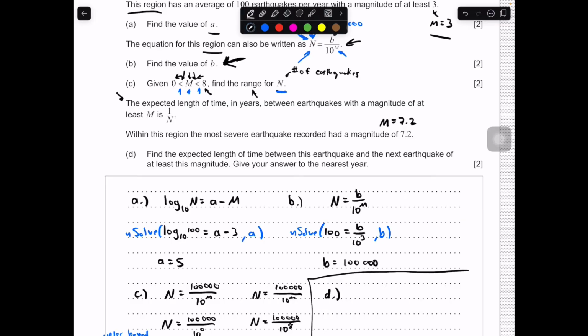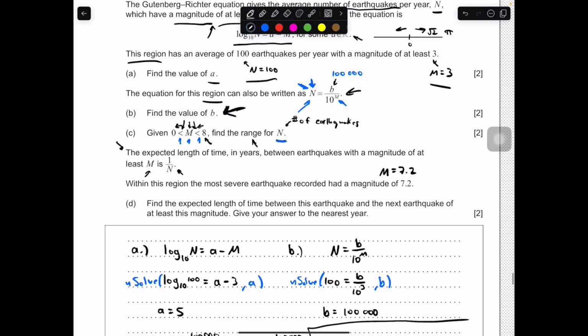Within this region, the most severe earthquake recorded had a magnitude of 7.2. Find the expected length of time between this earthquake and the next earthquake of at least this magnitude, giving your answer to the nearest degree.